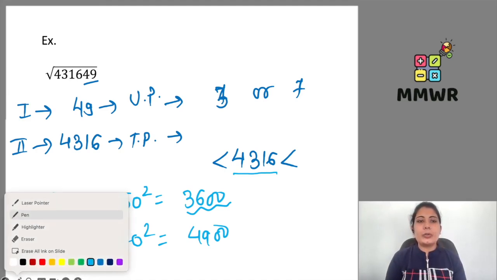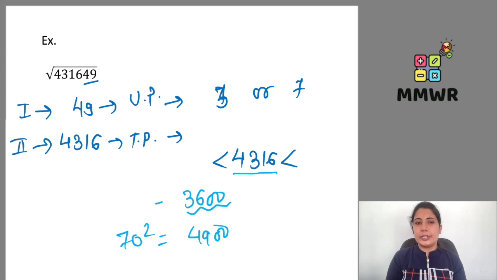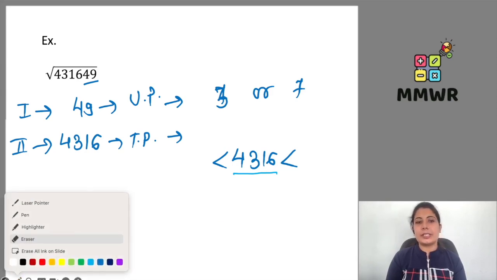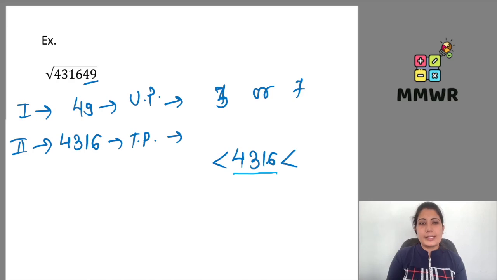So let's find the square of 65 to get an idea about whether it will be between 60 and 65, or between 65 and 70. So 65 square is 4225. Look, 4225 we are getting, and here it is 4316.